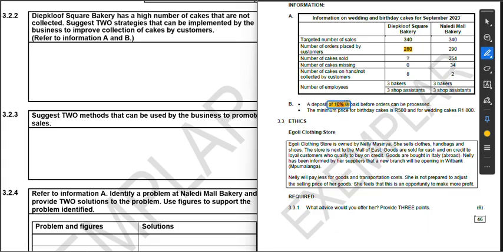The wedding cannot go on, but the cake must be paid for. So if they paid a higher deposit of about 25%, they will be more than motivated to come and get it, whether or not the wedding is taking place.